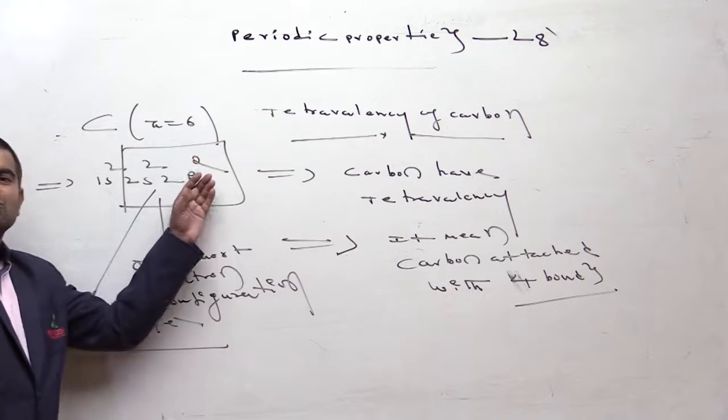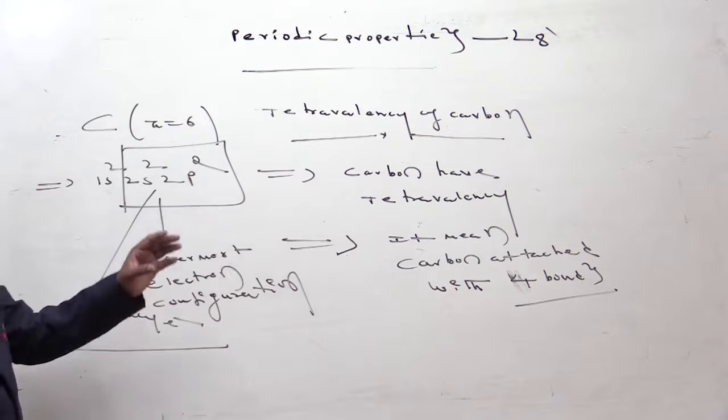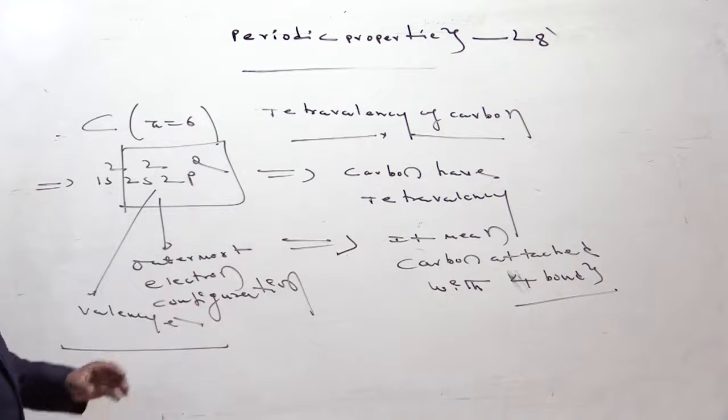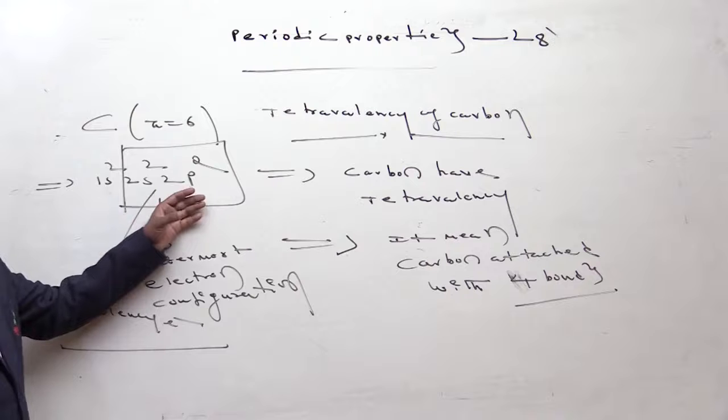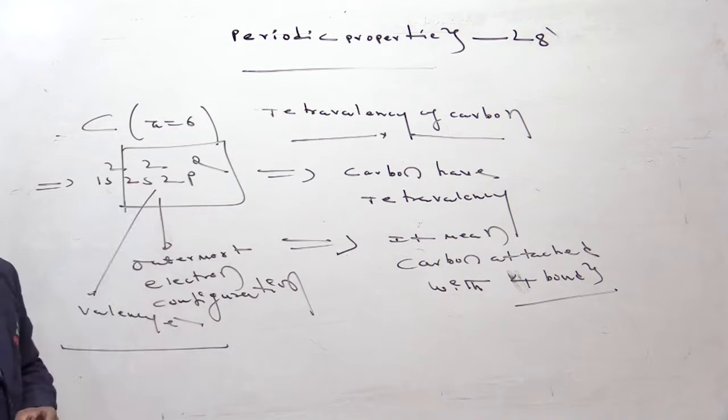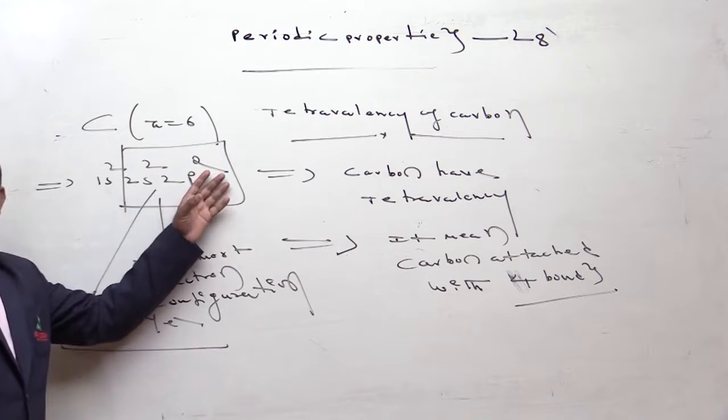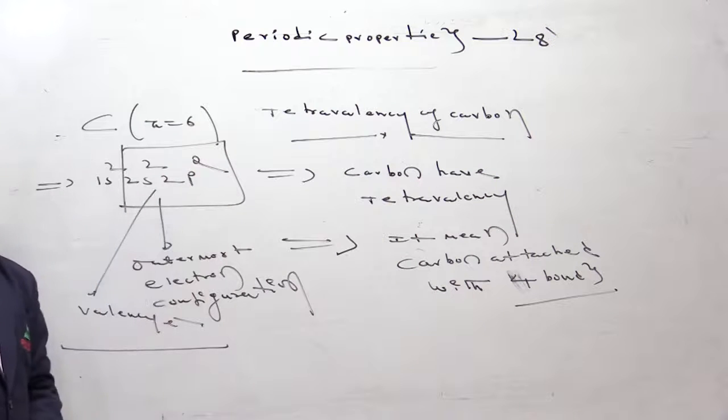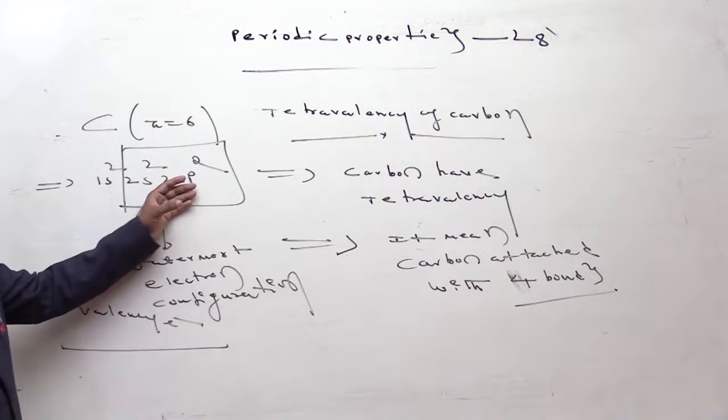Due to only 4 electrons being in the outermost shell, 4 more electrons are required to complete the octet.